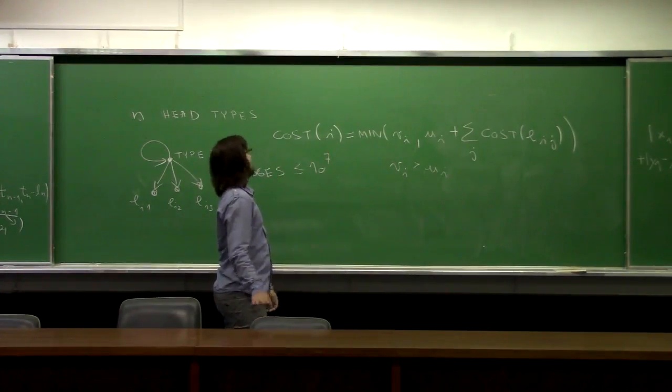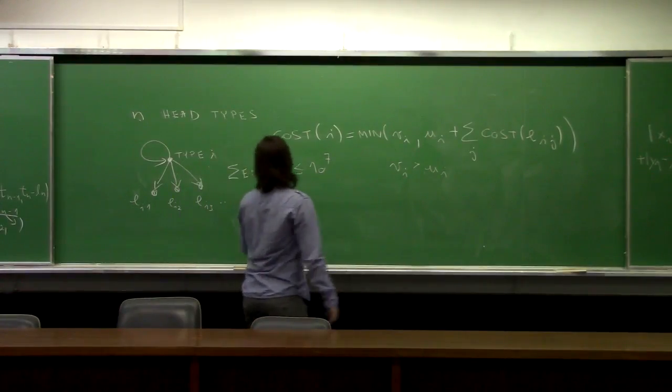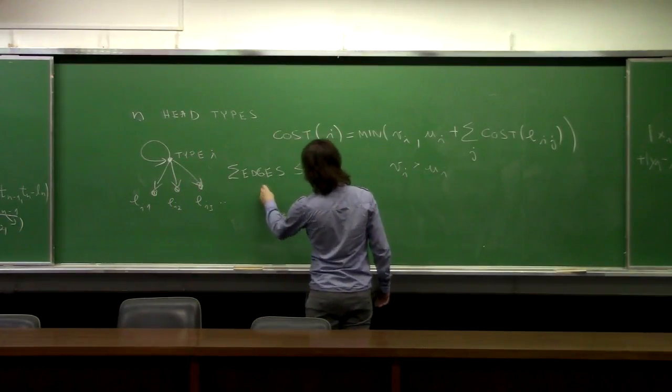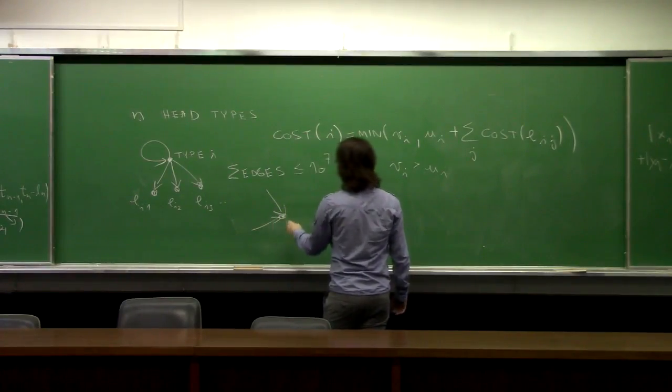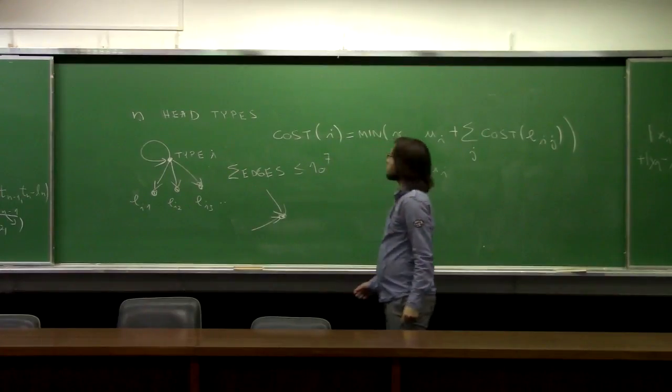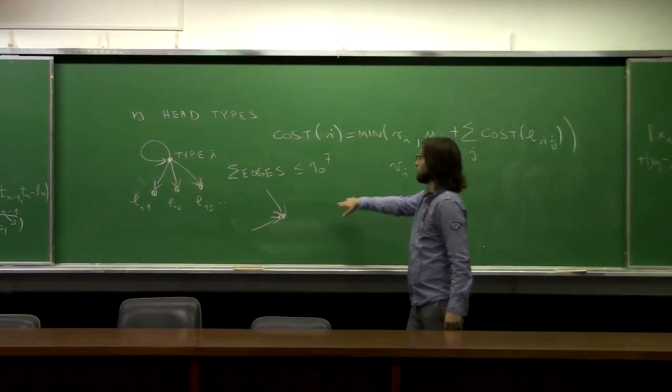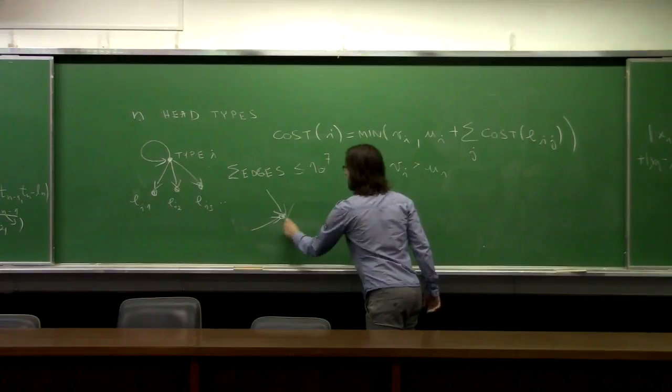And if there is a head, or a vertex, such that there is no edge from that vertex, then we can find out the cost of destroying this vertex.